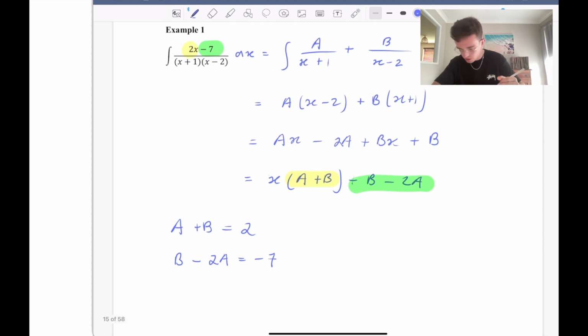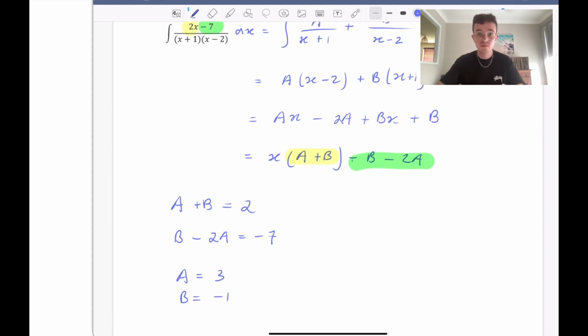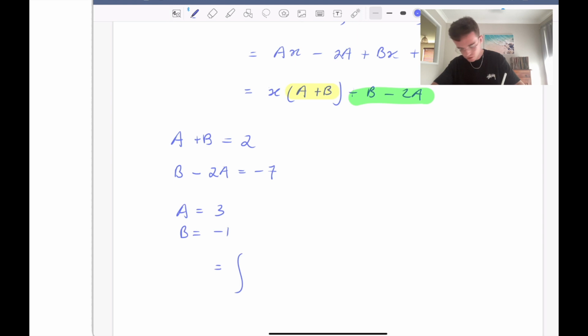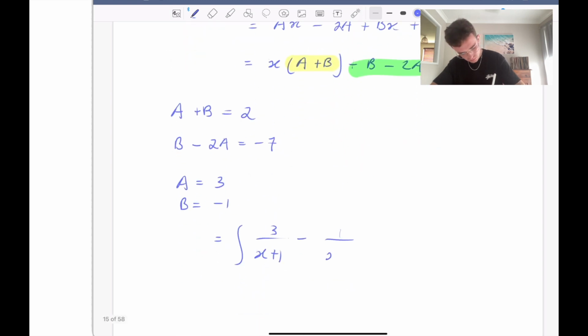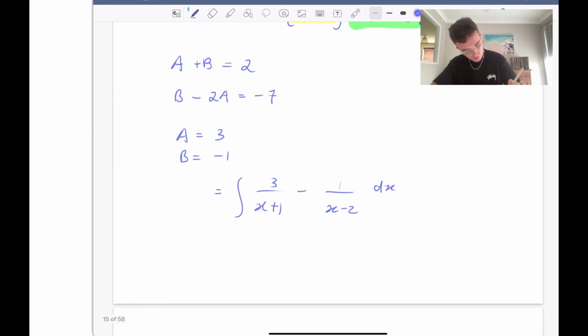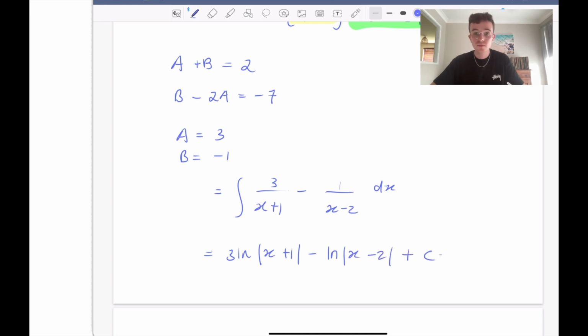If we solve those simultaneous equations, we get a is equal to 3 and b is equal to minus 1. So this is equal to the integral of 3 on x plus 1 minus 1 on x minus 2 dx, which is simple. This is just 3 ln of x plus 1 minus ln of x minus 2 plus c. Okay, that's what we do in partial fractions decomposition.